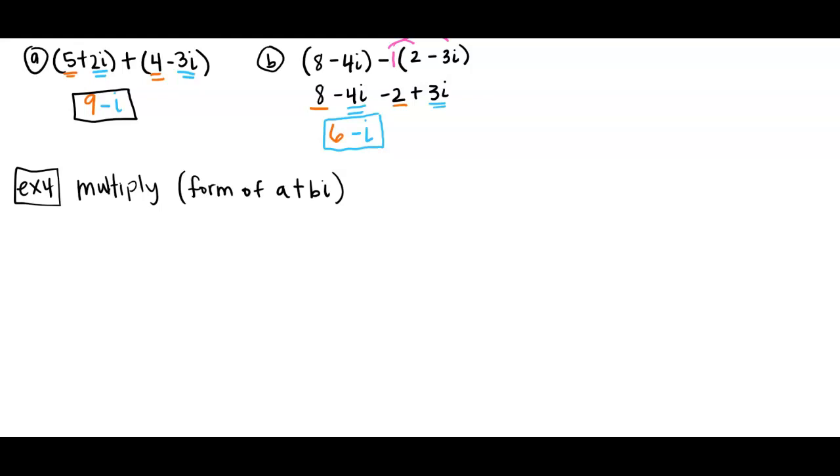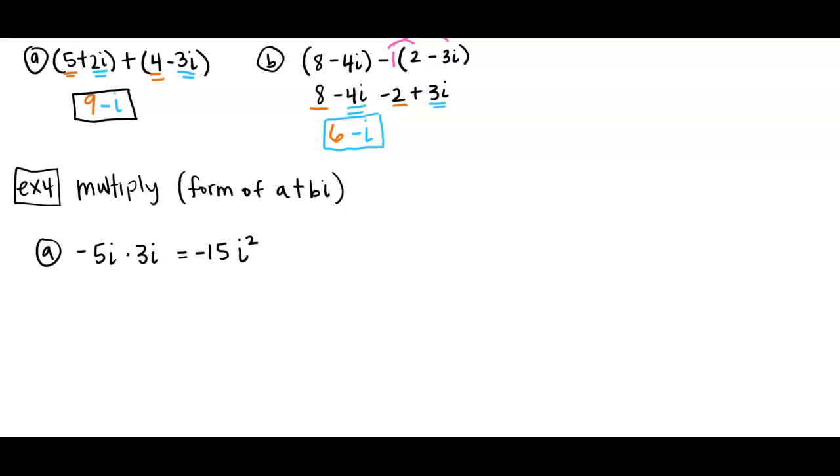All right, so what if we have this? So part A, we've just got negative 5i times 3i. So again, we're just going to multiply our whole number parts together. So the negative 5 times the 3 is negative 15. And then i times i gives me i squared.